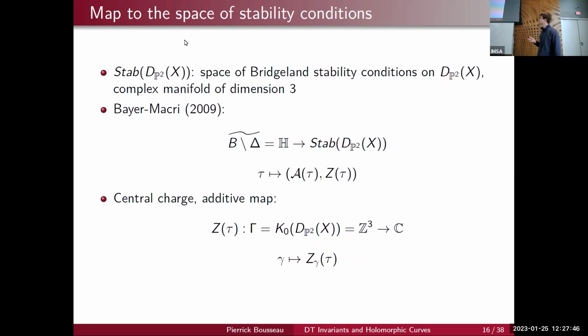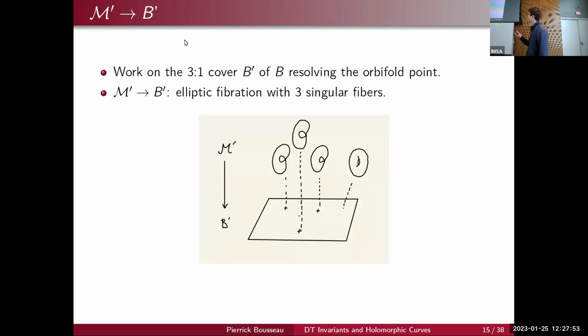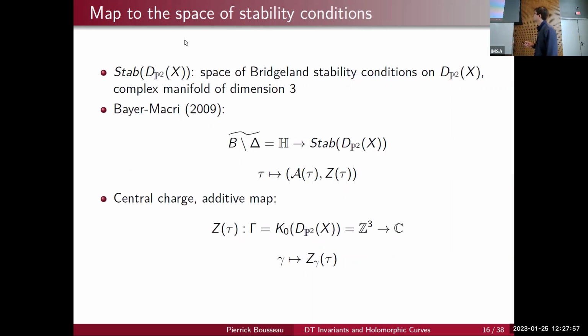And here, the thing which is known for this geometry, and maybe not in many other cases, is that the universal cover of the base of this integrable system, indeed, as is expected, has a natural map to the space of Bridgeland stability conditions, where this map is somehow the one expected from mirror symmetry.